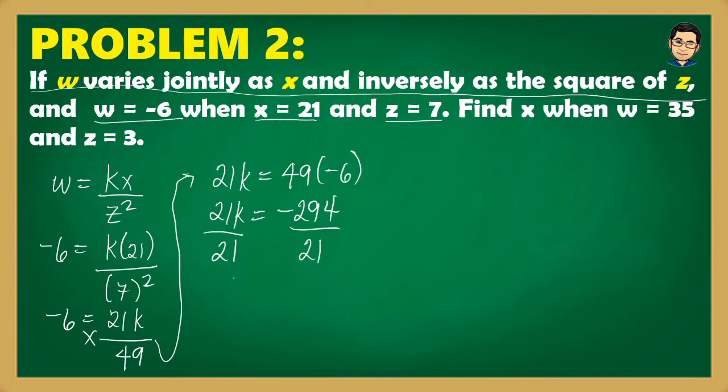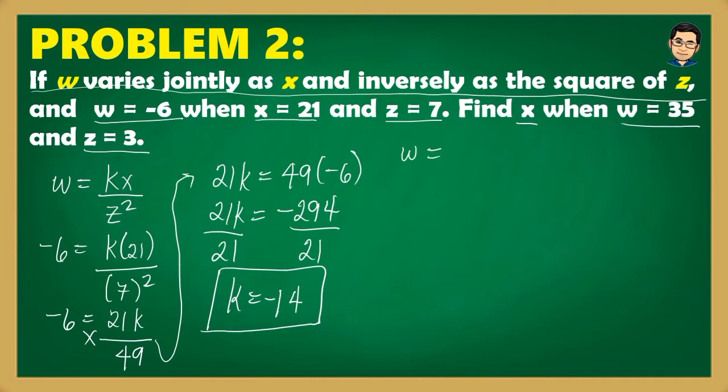So the value of K is negative 14. Ayan. So the value of K is negative 14. And then find X when W is 35 and Z is equal to 3. So W is equal to KX all over Z squared.